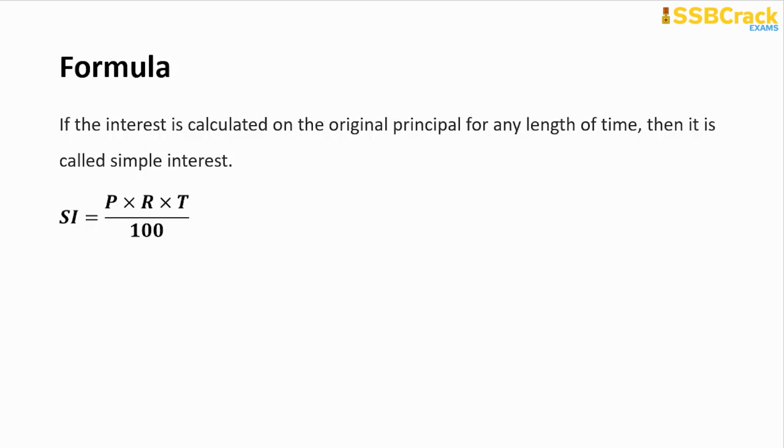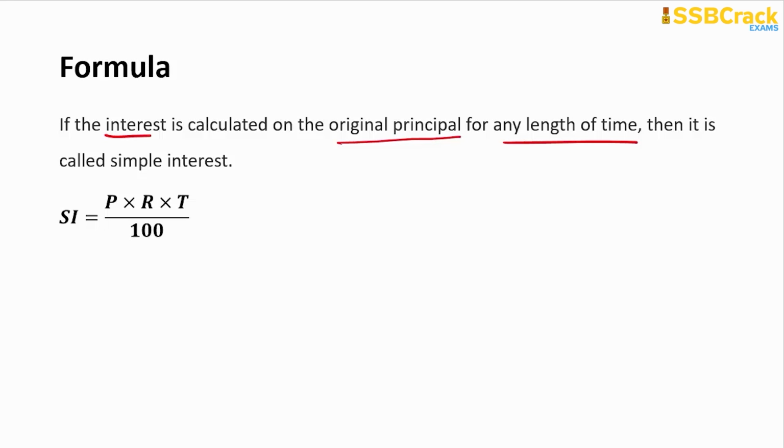So let's begin our session with the formula based upon the topic of simple interest, part of your defense examination syllabus, and it's one of the important though basic formulas to get the simple interest. Let's understand, if the interest is calculated on the original principal for any length of time, then it is called simple interest.